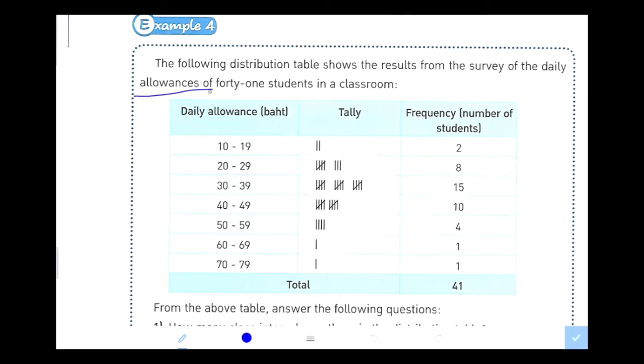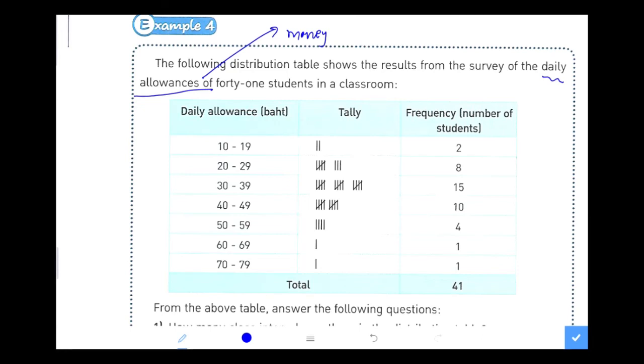Allowance is the money that you get from your parents before you come to school. We call it daily allowance. Your mom gives you 10 baht, or 20 baht, and then you come to school.